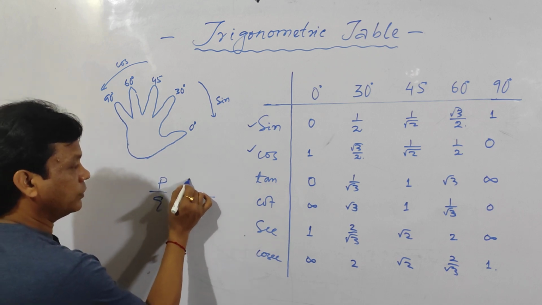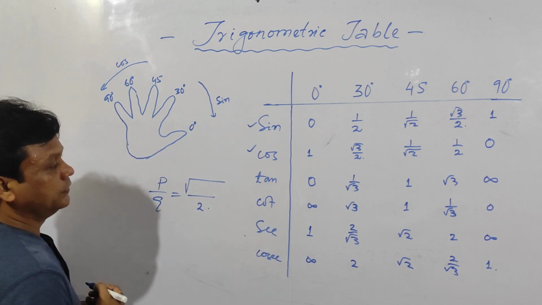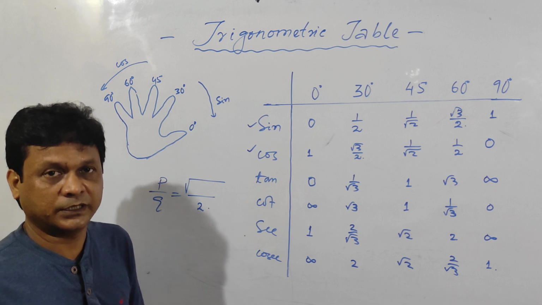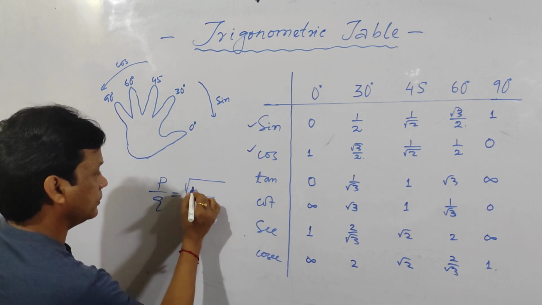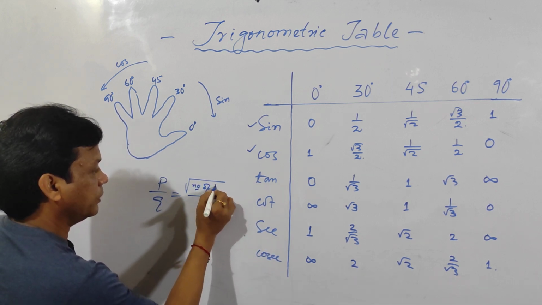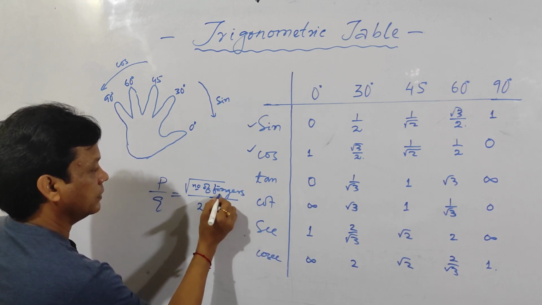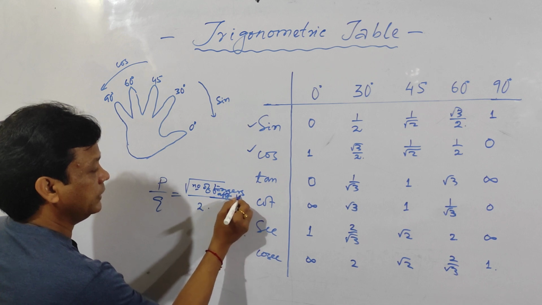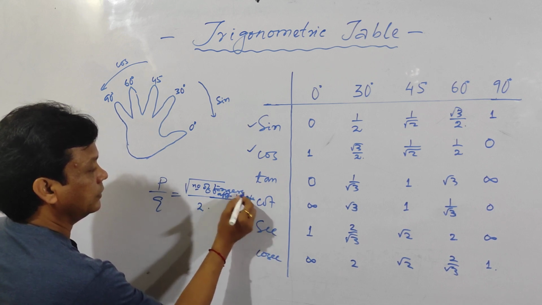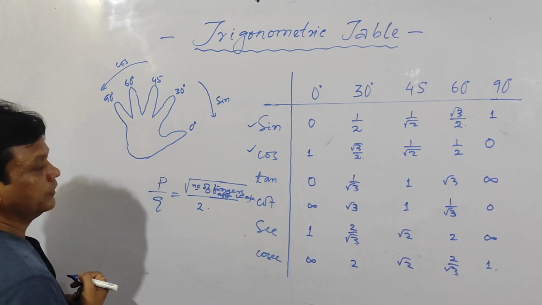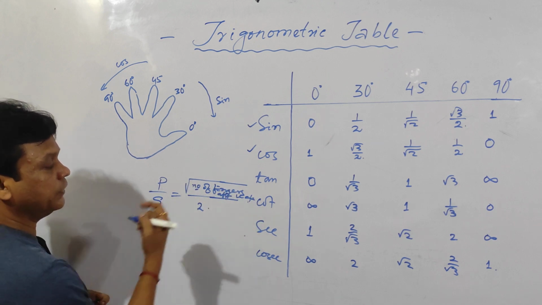It is the square root of the number of fingers after the required angle.